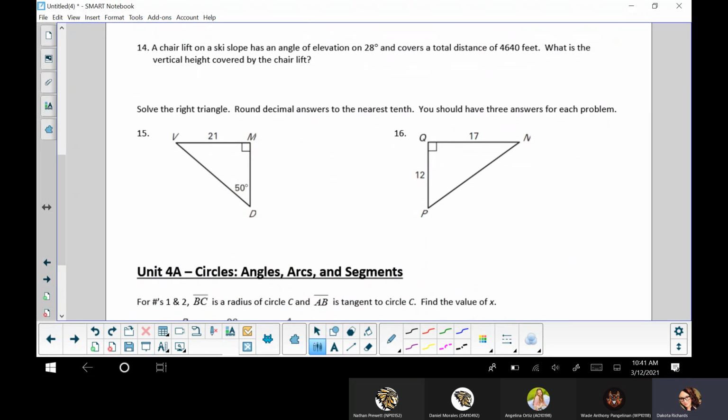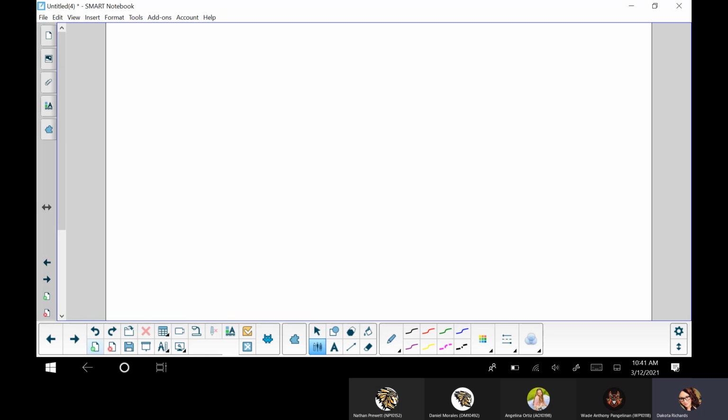Okay, question 14: a chairlift on a ski slope has an angle of elevation of 28 degrees and covers a total distance of 4,640 feet. What is the vertical height covered by the chairlift? I'm going to make my own picture because I don't have enough space there.